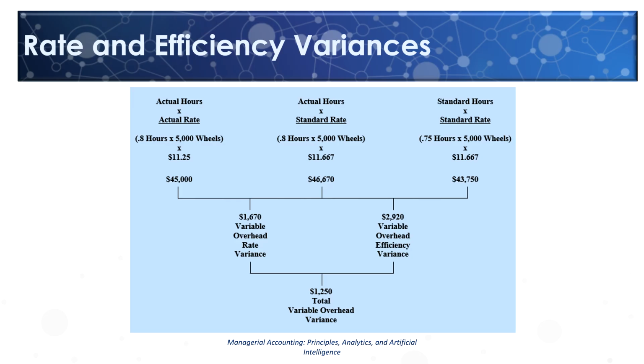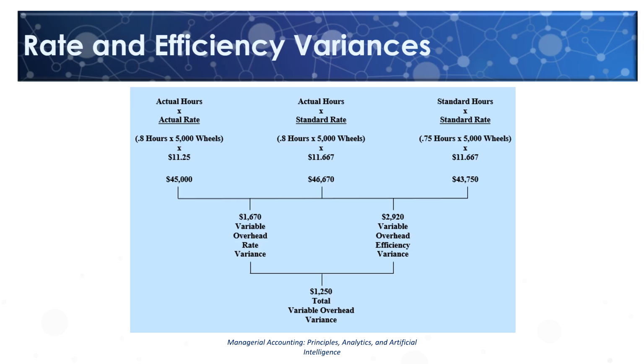We let the rate vary between $11.25 and $11 and approximately 67 cents. You can see the difference between those two columns amounts to $1,670. This is the variable overhead rate variance. That difference is favorable because our actual rate is less than our standard.